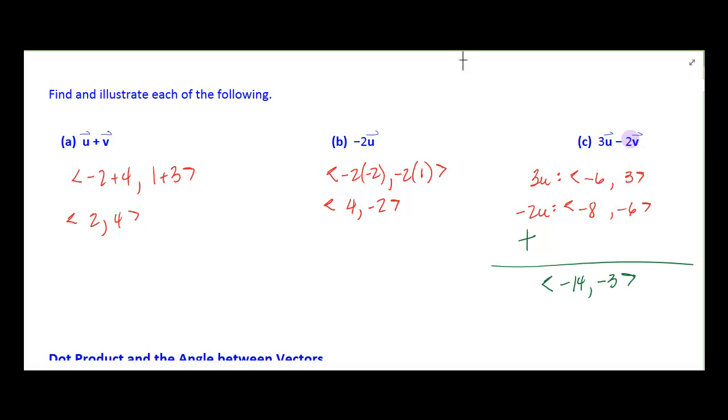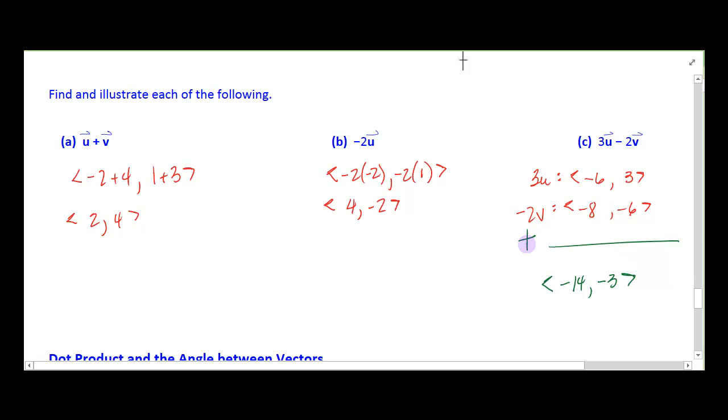But I went ahead and took -2v, and I multiplied the -2 times its v components, giving me -8 and -6, at which point I then added straight down for the horizontal components, giving me -14, and added straight down for the vertical components, giving me -3.